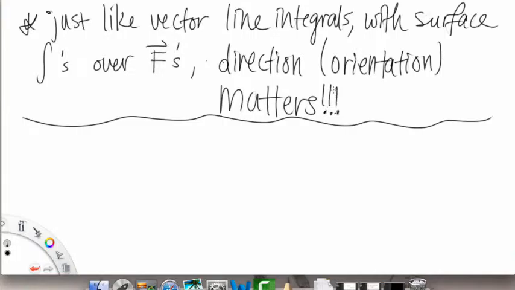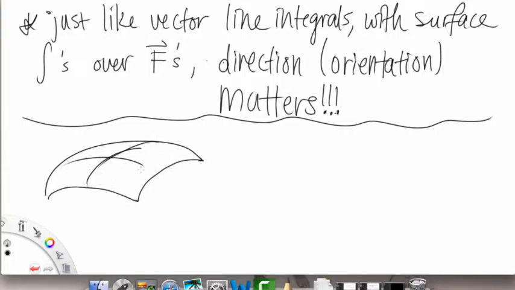Okay, so in this sense, you might be thinking, what do you mean direction of a surface? Is it facing a certain way? So this is what I mean by orientation. Let's say we have some kind of surface, like a little bubble floating up in the air, and it curves up.